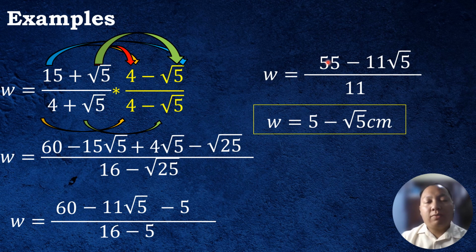Bakit? 55 divided by 11 is 5, and negative 11 divided by 11 is negative 1. So this is also width is equal to 5 minus 1 square root of 5. But formally, again, the measure of our width, and the answer is width is equal to 5 minus square root of 5 centimeter.